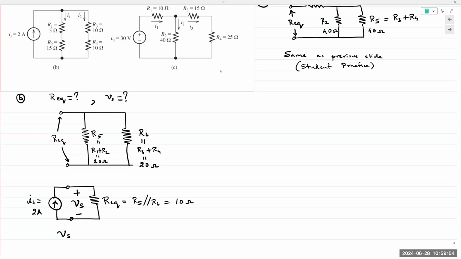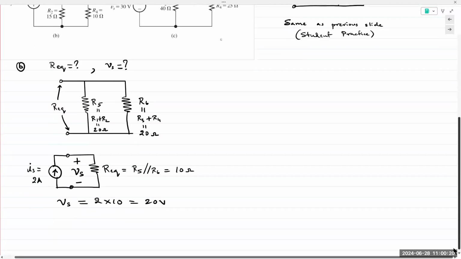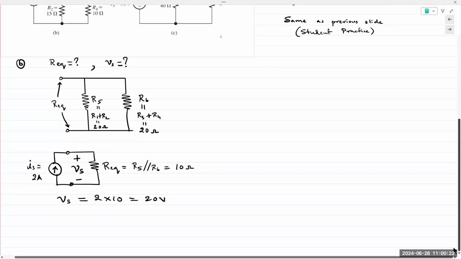Okay, so the current is the same for both components and the voltage across those two nodes is also the same. So here in this case, Vs is 2 times 10, gives me 20 volts. And then, of course, 20 volts is also the same voltage across both branches, across R5 and across R6.